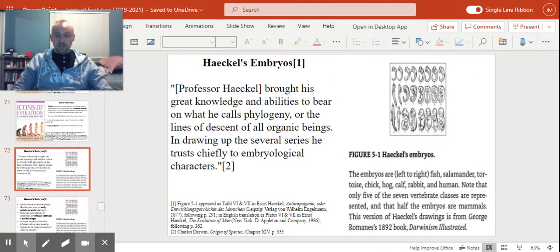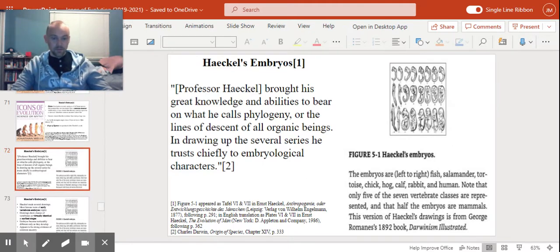Haeckel's Embryos. Professor Haeckel, according to Darwin, brought his great knowledge and abilities to bear on what he calls phylogeny, or the lines of descent of all organic beings. In drawing up the several series, he trusts chiefly the embryological characters.